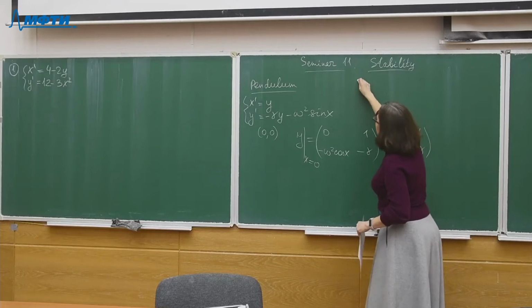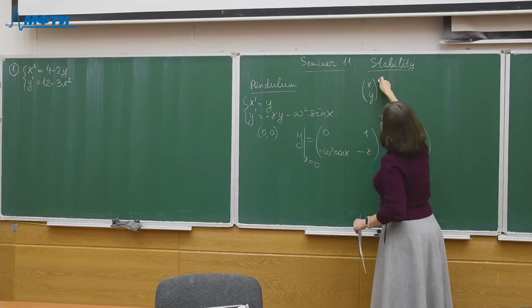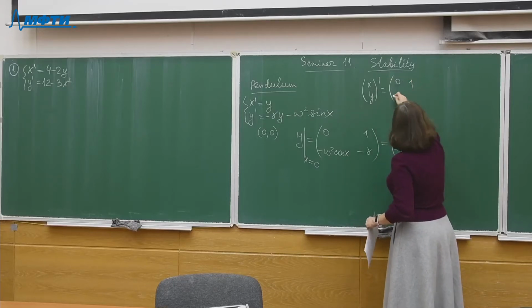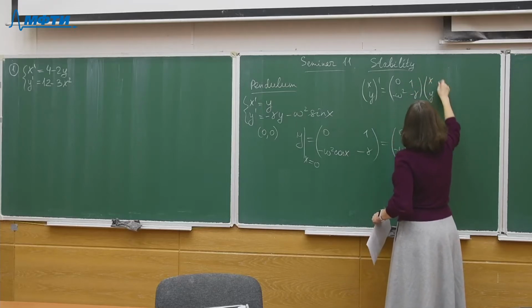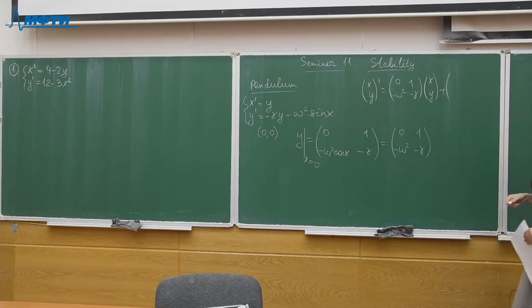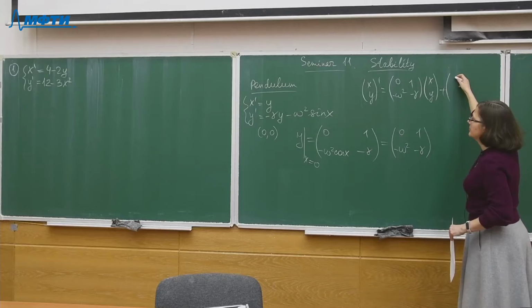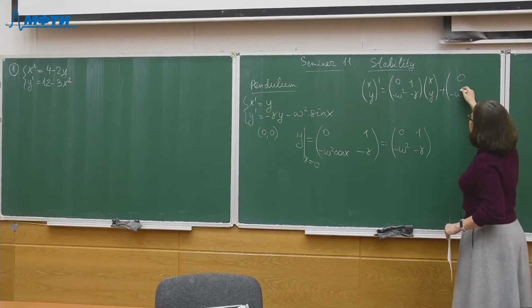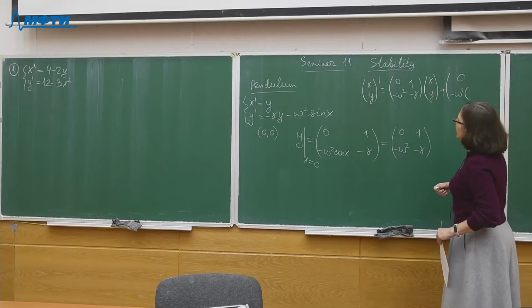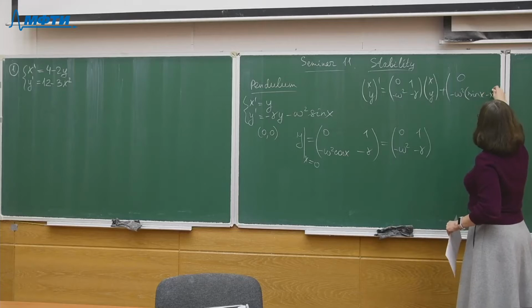And so this system can be rewritten as (x, y) prime equals this matrix 0, 1, minus omega squared, minus gamma, multiplied by (x, y), plus what? So plus 0, and minus omega squared multiplied by sine x minus x.